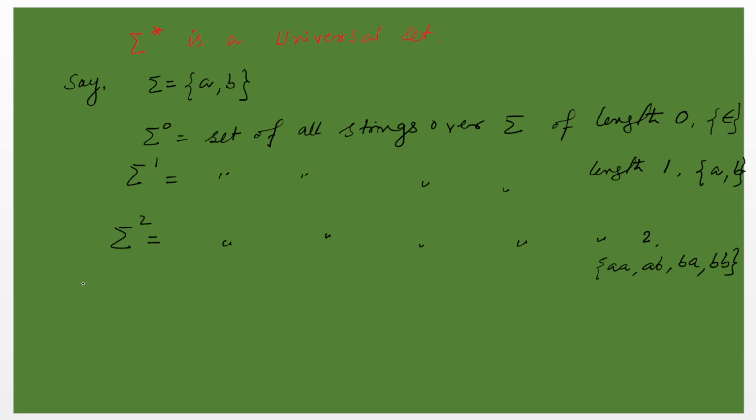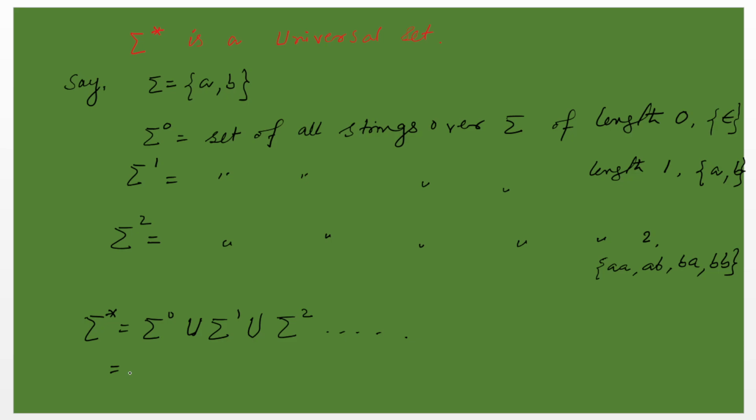So in general sigma star is the set of all strings: sigma 0 union sigma 1 union sigma 2 and so on.